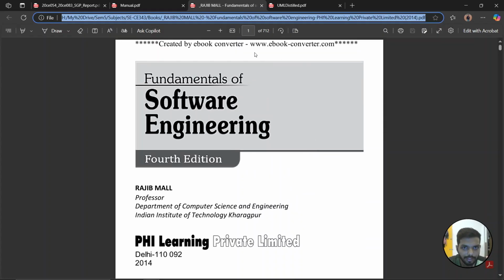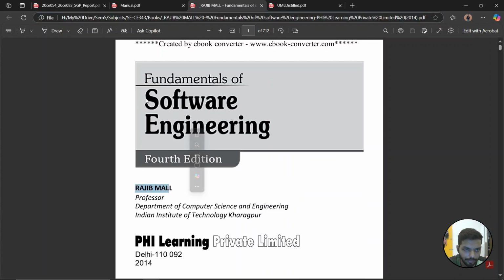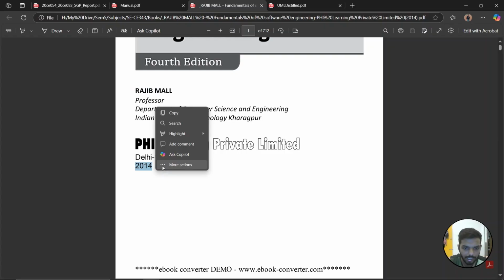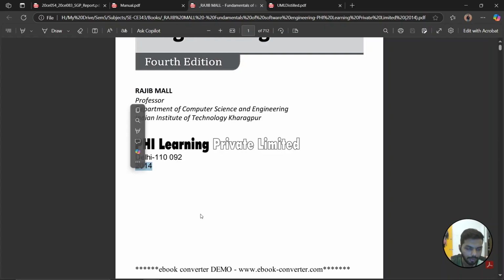This is the first book that I got from the college professors. It is by Rajib Mall, Fundamentals of Software Engineering, fourth edition. It was written in 2040, and when we were introduced to this subject, it was 2019 or something.